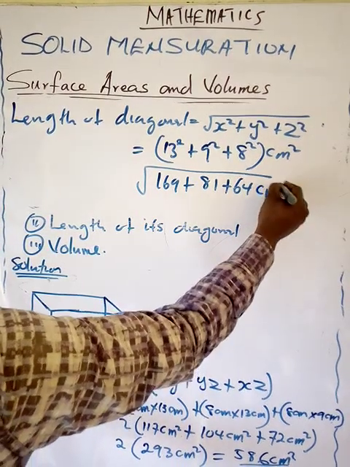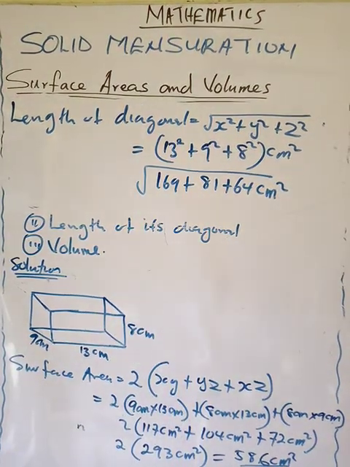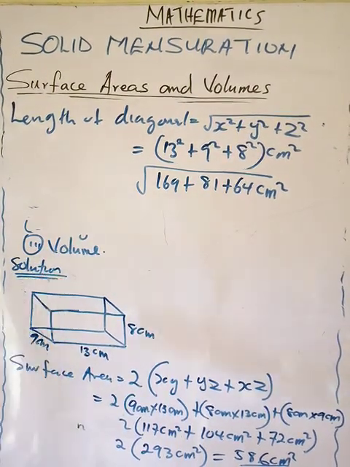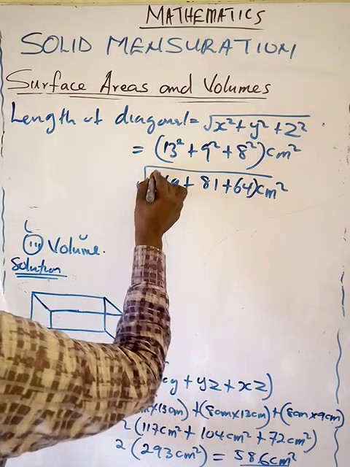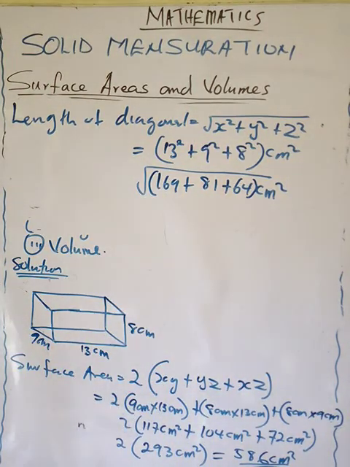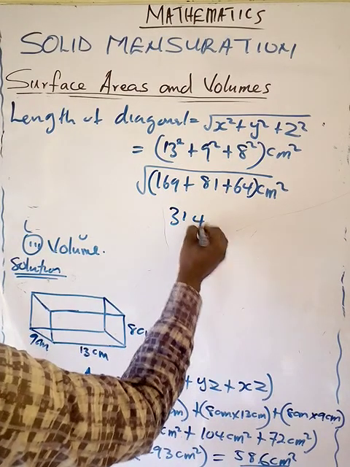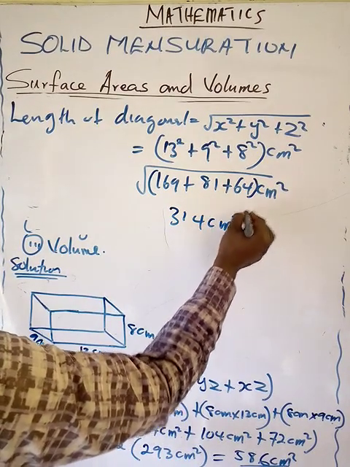Adding everything together, 169 plus 81 plus 64 will give us 314 centimeter squared.